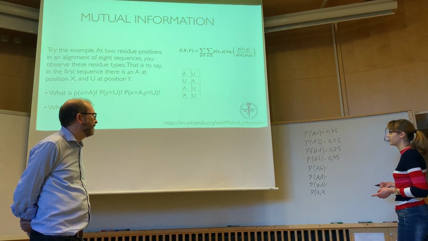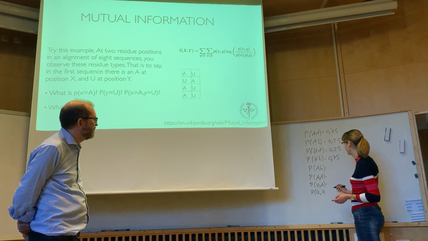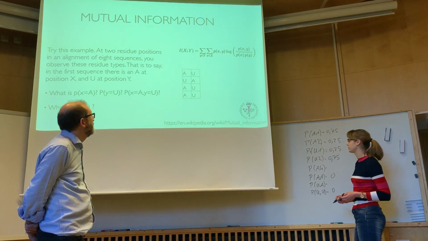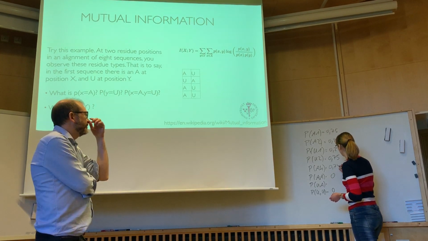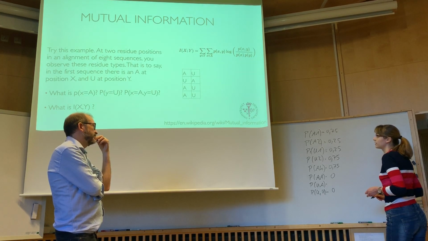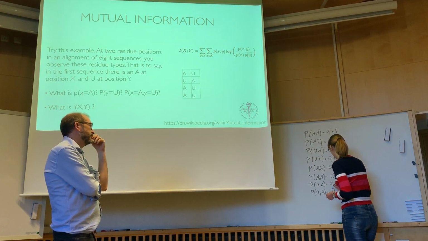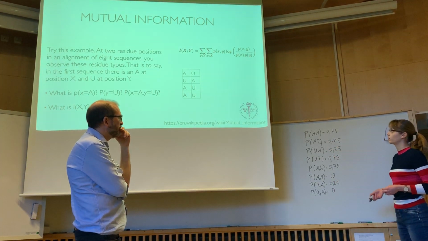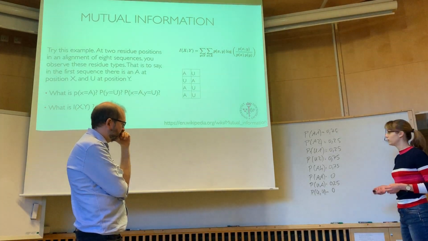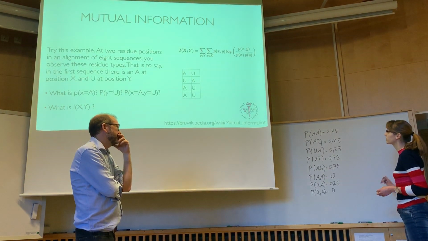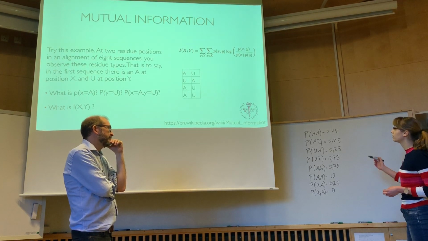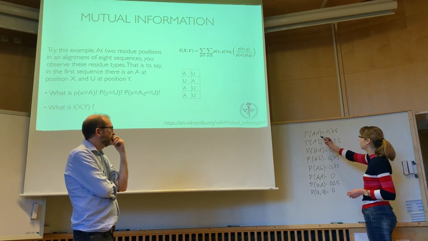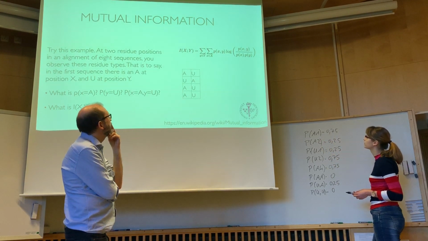And for each combination, we don't have AA and we don't have UU, so we have 0 for these two, and we have 3 pairs of AU, so again 75%, and 1 UA. Okay, and then we only have to use the formula and calculate it for each of the pairs. So let's say the first position is always X and the second position is always Y.